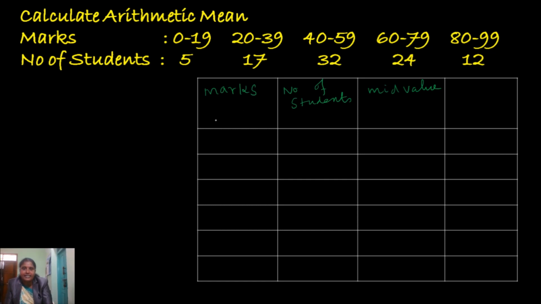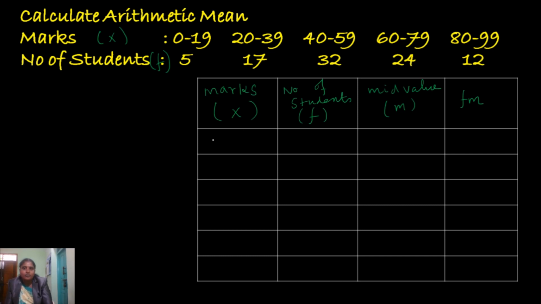Before that, let's assign variables. We assign the marks as the variable x and the frequencies as f. The mid values are always represented by m, and the product of f with m is fm.